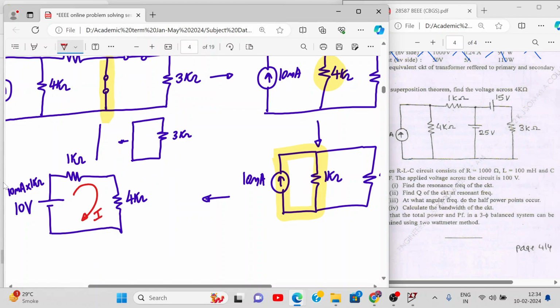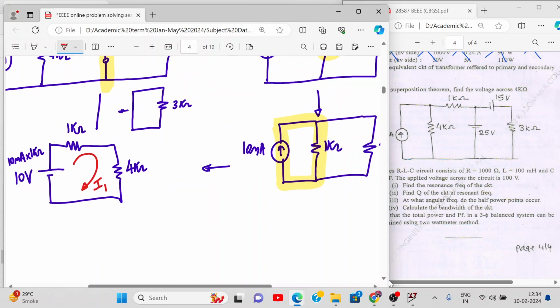What is this current? Can you find the current I1? I1 is 10 volt divided by 1k plus 4k. So how much is it? Is it 2 milliampere? Just check. Yes or no? Yes, sir.